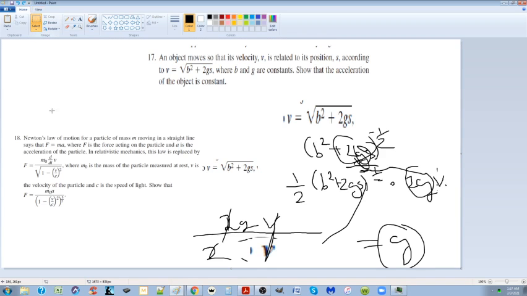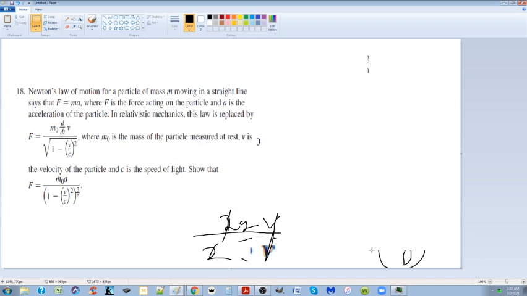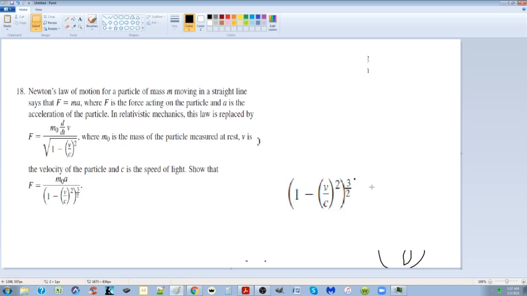As far as this Newton's law part, if you can do it, power to you. I kept doing it, and I was not getting what they were getting. But I'll tell you one secret that I believe to be true, which makes it chaotic: at some point you're going to have to convert this into this.